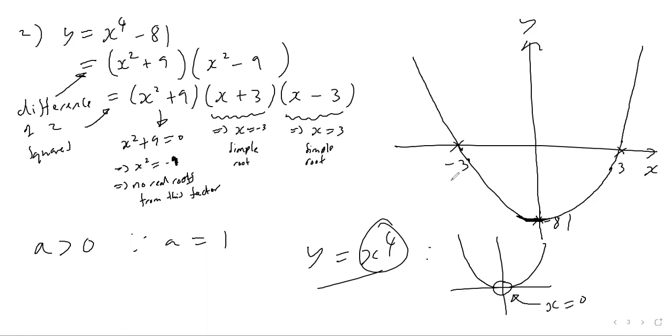So that's the reason why it's flatter at this part here. And the quadratic factor doesn't give us any real roots, just complex roots. We don't factor that in when we sketch real functions.